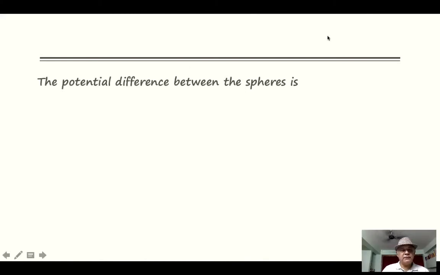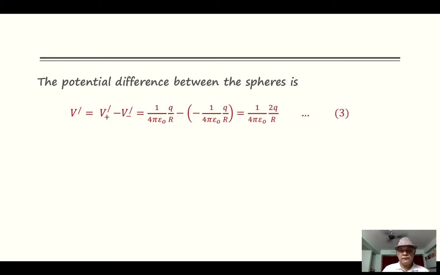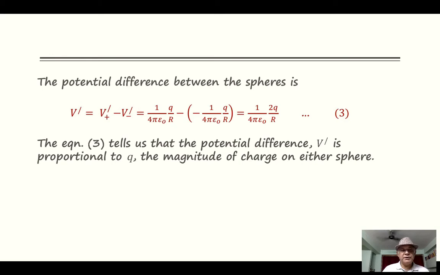The potential difference between the spheres is V dash equal to, finally, 1 by 4 pi epsilon naught 2Q by R. Call it equation 3. The equation 3 tells us that the potential difference V dash is proportional to Q, the magnitude of charge on either sphere.